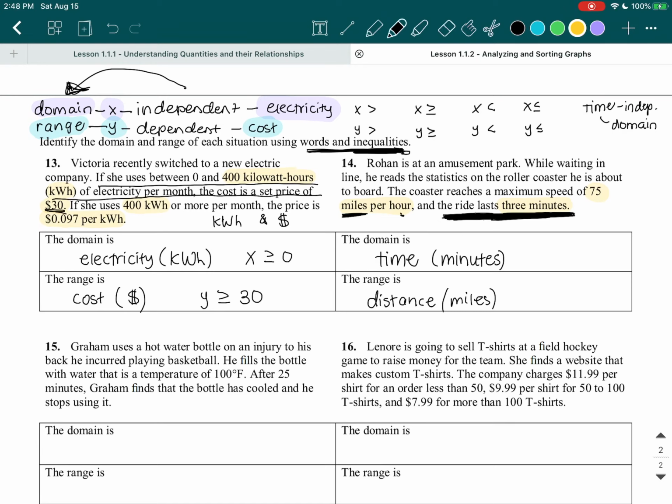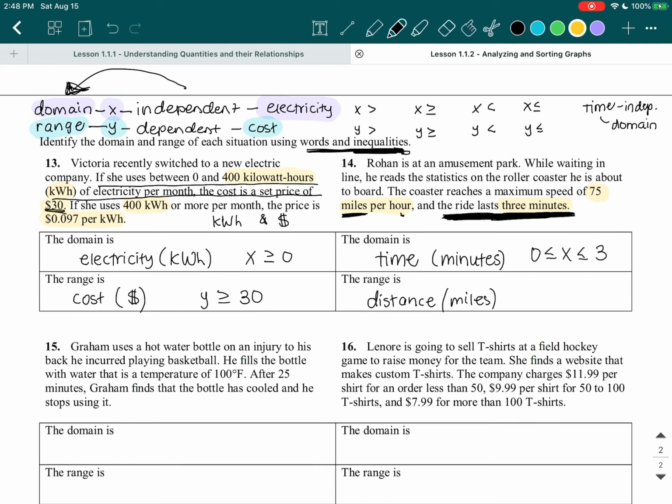So here's how you write between 0 and 3 minutes. 0 is less than or equal to, what letter do we want to write? We're talking about domain here, and domain is always x. So 0 is less than or equal to x, which is less than or equal to 3. Literally, x is in between 0 and 3. So that's our domain in inequalities.